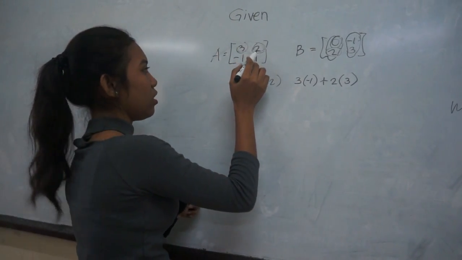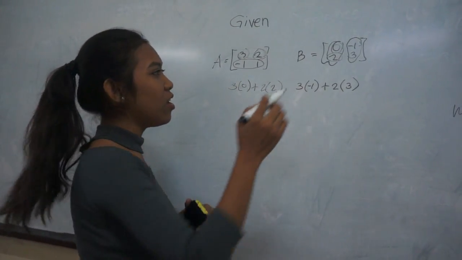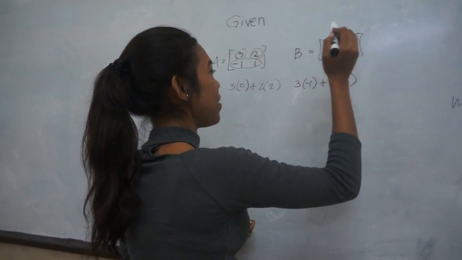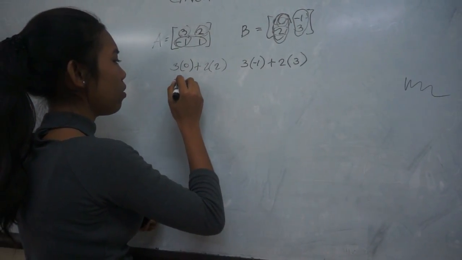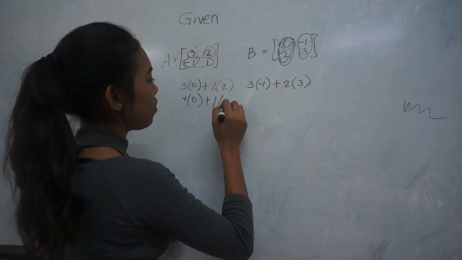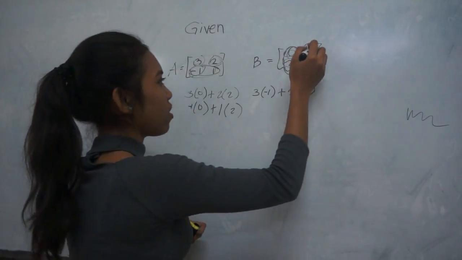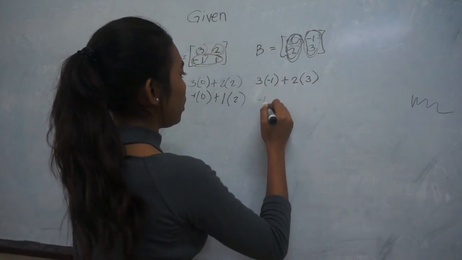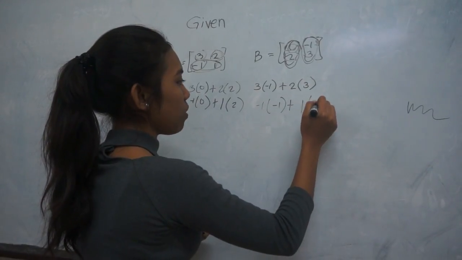Second, we are going to multiply the second row of matrix A to the first column of matrix B. Negative 1 times 0 plus 1 times 2. Next is this row to this column. Negative 1 times negative 1 plus 1 times 3.